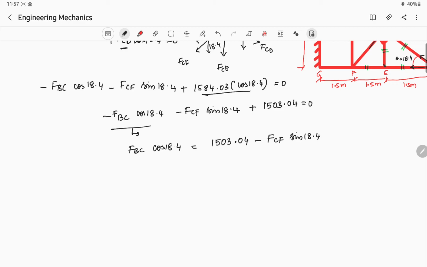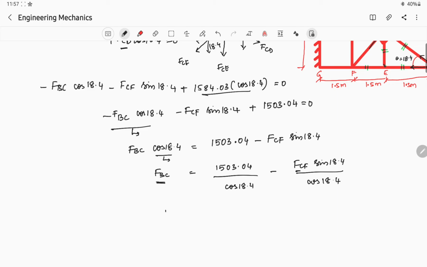Okay. So what we will do, we'll try to send this cos 18.4 towards right hand side. So what happens, FBC is equal to 1503.04 divided by cos 18.4 minus FCF sin 18.4 whole divided by cos 18.4. Okay, so we'll get the value of force in member BC in terms of FCF.